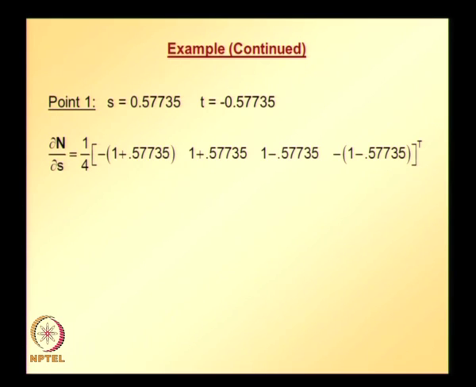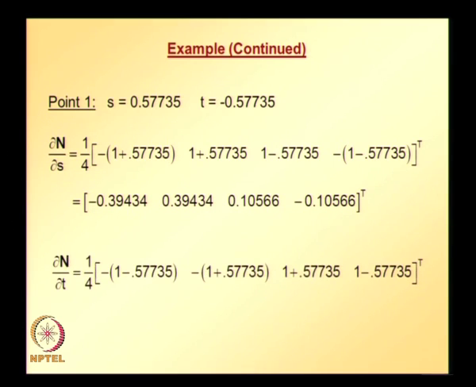To get that, we need to calculate the derivative of the shape function with respect to S, which is given here by substituting all the values of S and T, and simplifying we get this. Similarly, we can get the derivative of the shape function vector with respect to T, and simplification of that gives us this.